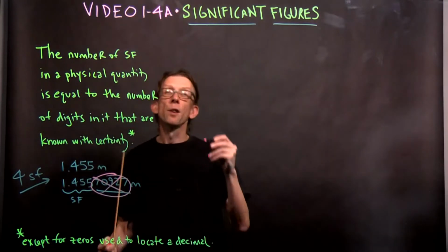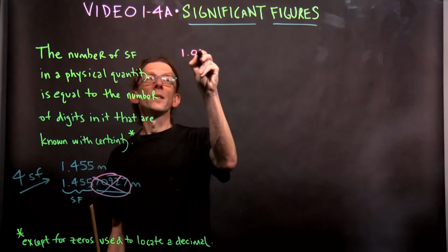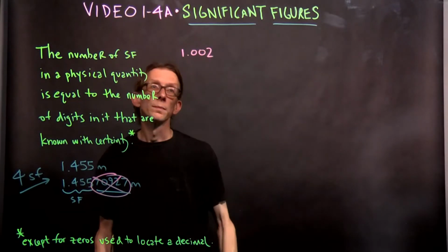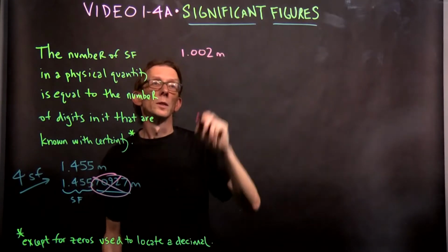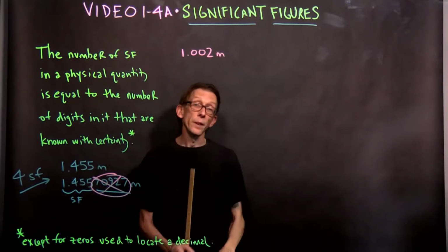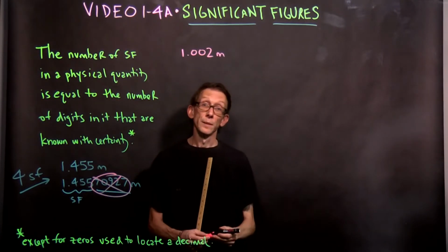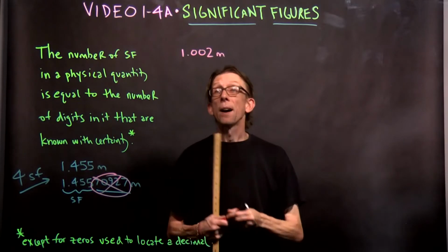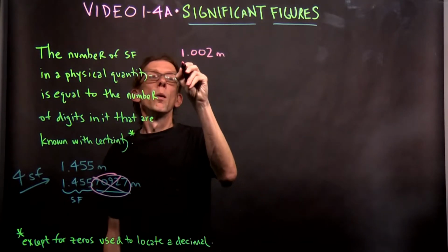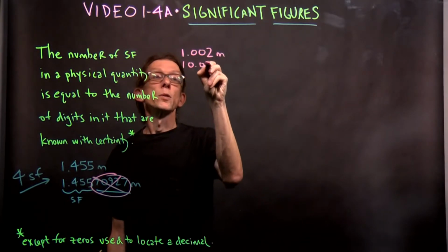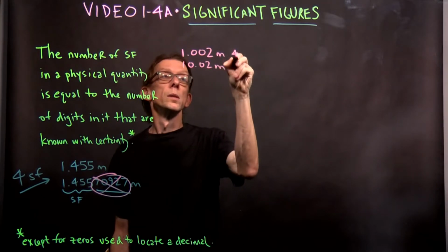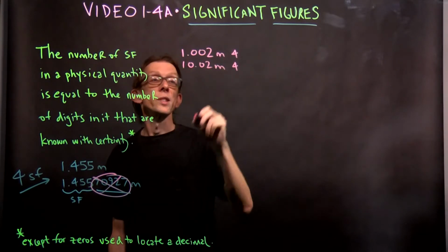So suppose I gave you the number 1.002 meters. That has 4 significant figures. If I gave you the number 10.02 meters, that also has 4 significant figures.